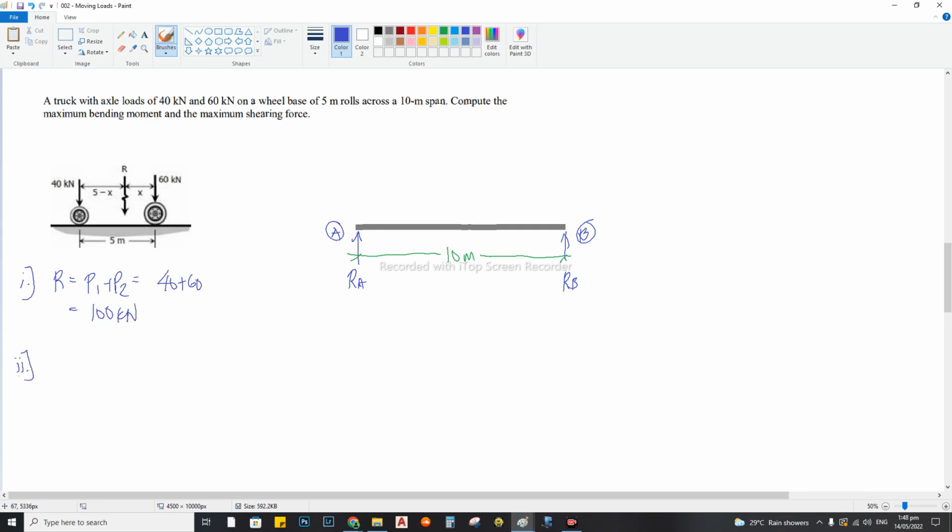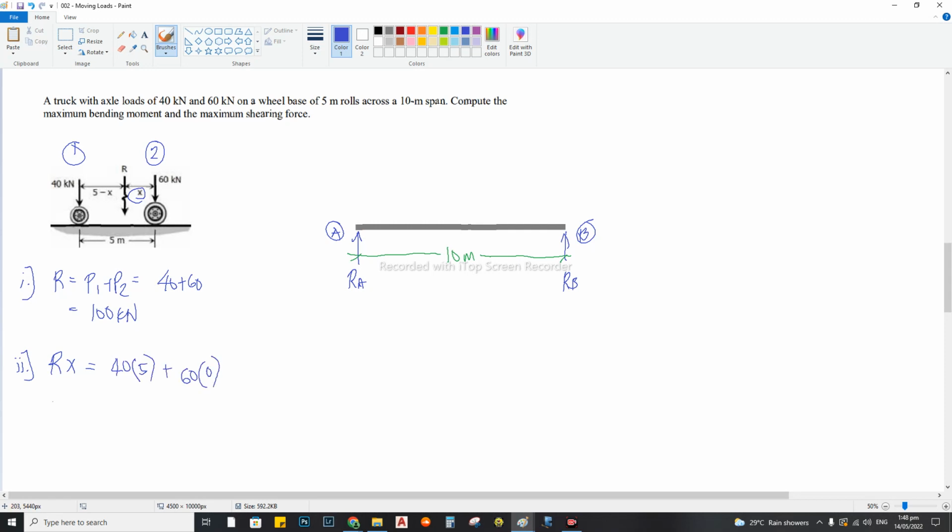Next, we find the distance x. By Varignon's theorem, we put axle 1 on the left and axle 2 on the right, and take the moment point at axle 2. The resultant force times distance x equals 40 kilonewton times 5 meters plus 60 kilonewton times 0.